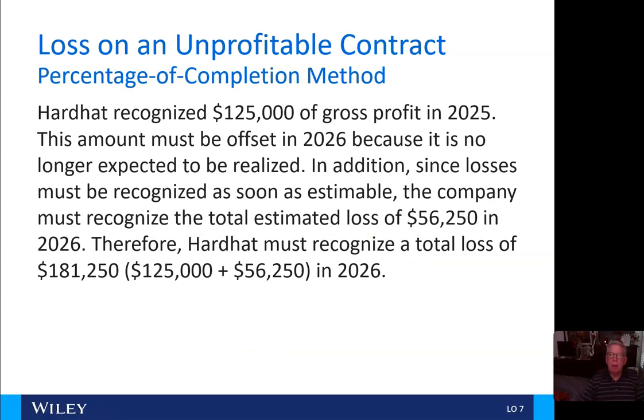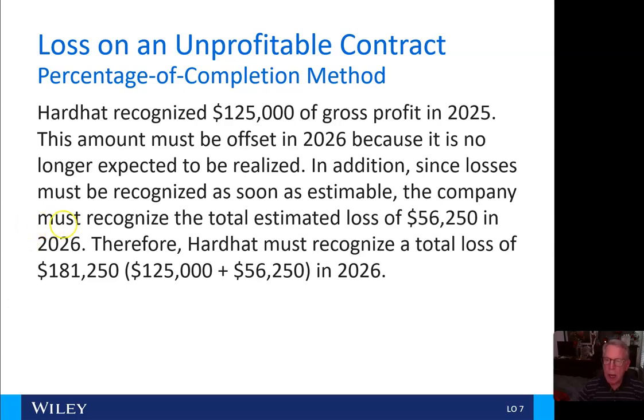Okay. Now, Hard Hat recognized $125,000 of gross profit in 2025. This amount must be offset in 2026 because it is no longer expected to be realized. In addition, since losses must be recognized as soon as estimatable, the company must recognize the total estimated loss of $56,250 in 2026.